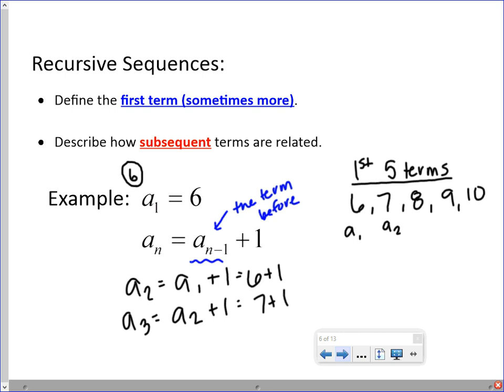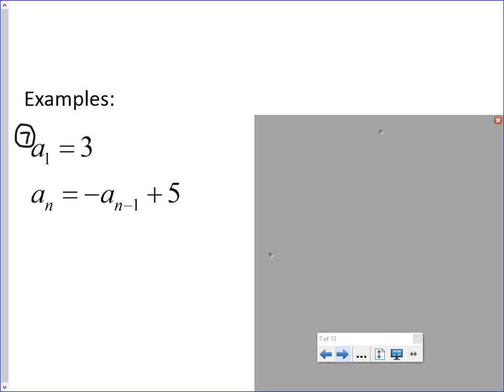Okay, so let's look at another example. A sub 1 equals 3, a sub n equals negative a sub n minus 1 plus 5. We're going to write the first 5 terms in the sequence. Well, the first term is 3.